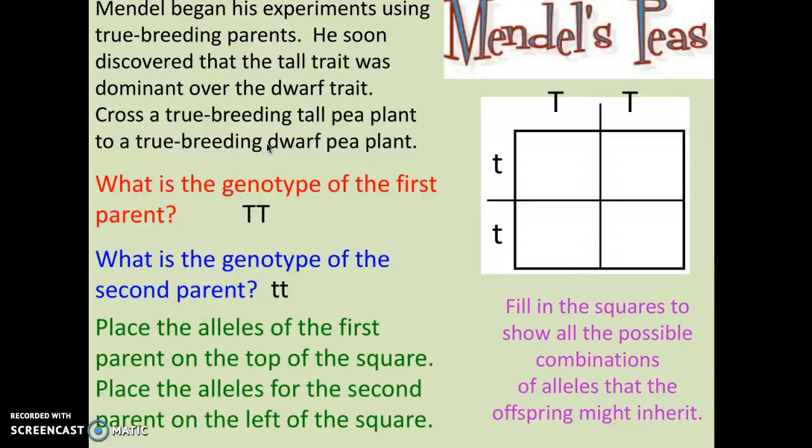Now just fill in these squares to show all the possible combinations that the offspring might inherit. Go ahead, pause the video now if you need to while you go through and fill out this problem. All right, you should have these filled out by now. So each one's going to get a big T from the first parent and a little t from the second parent.